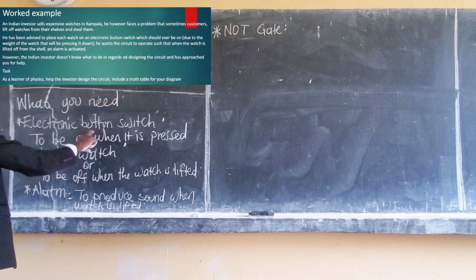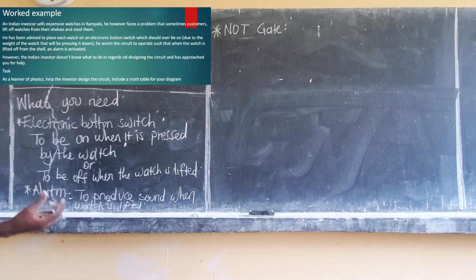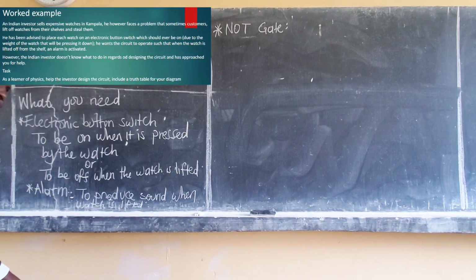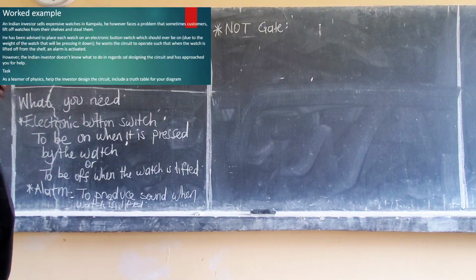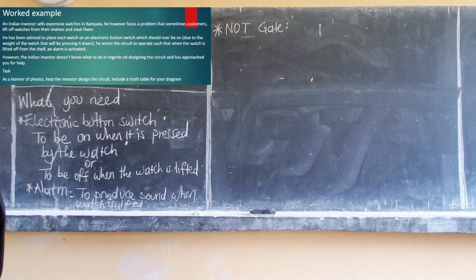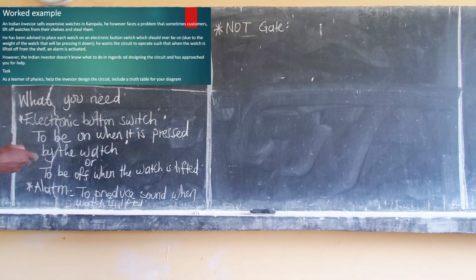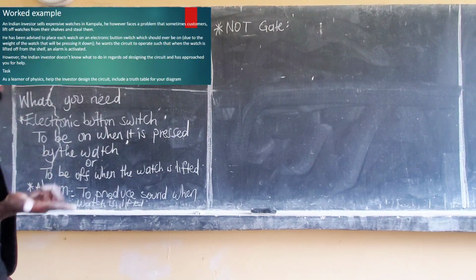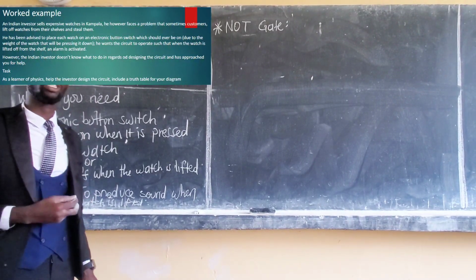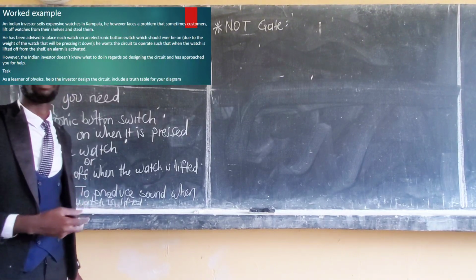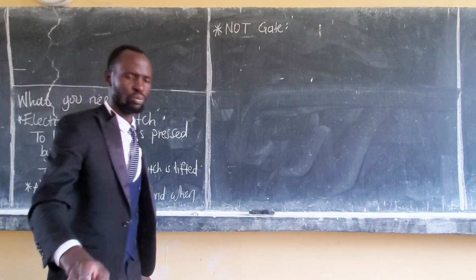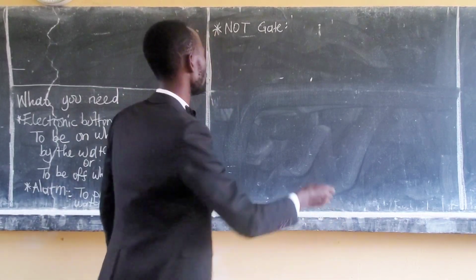When the switch is on, the alarm does not go on, the alarm is off. But when the switch is off, the alarm is on. That gate which does the negative, which does the opposite, is called the NOT gate. It's an inverter. It does the opposite.